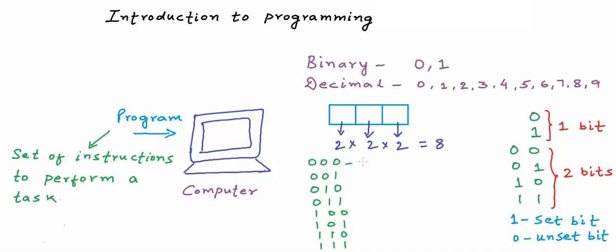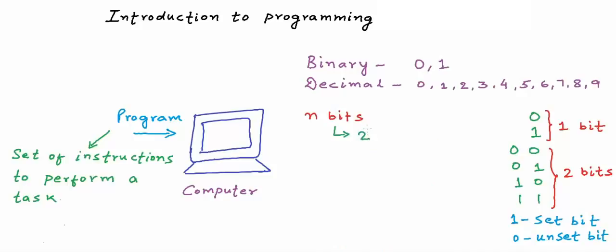In decimal, this is 0, this is 1, this is 2, and so on. In general, if we have n bits, we can have 2 to the power n possible permutations and combinations of zeros and ones. We can have values from 0 till 2 to the power n minus 1. For n equal 3, we can have values from 0 to 7.